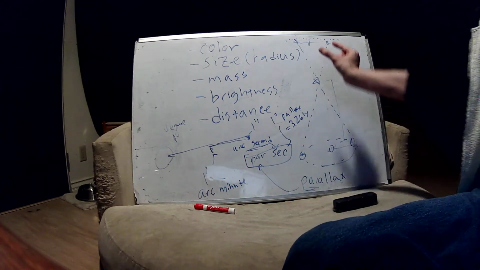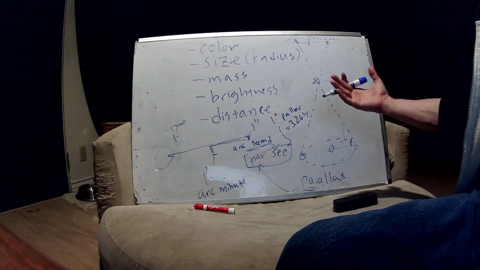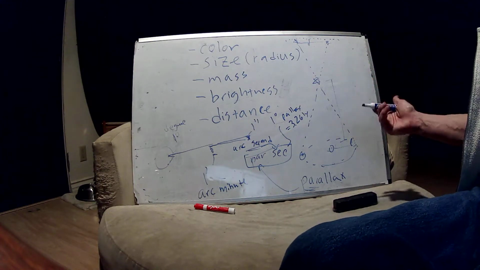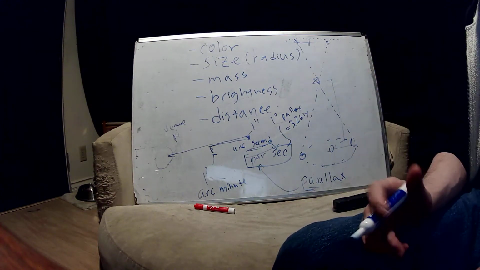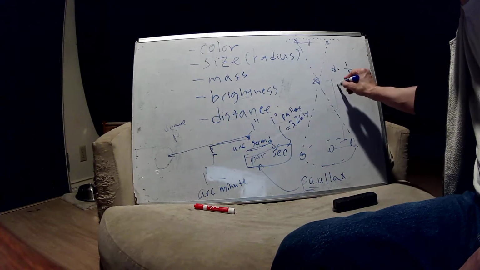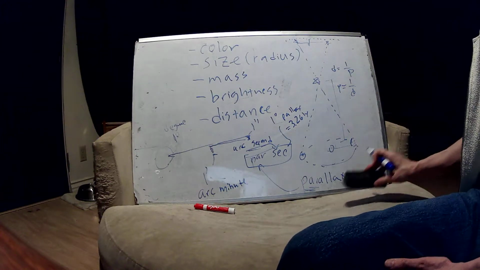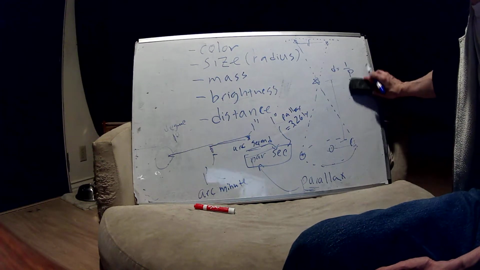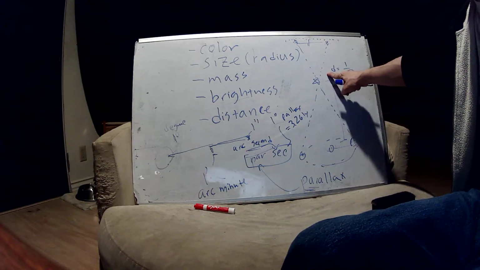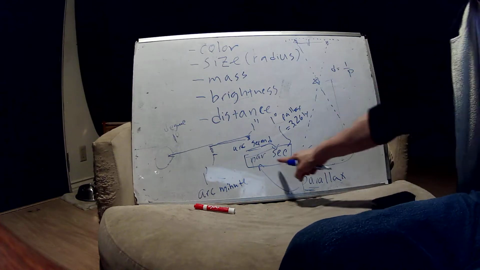Now, if an object has less than that amount of parallax, it's farther away, right? Usually we say something like distance is 1 over parallax, or parallax is 1 over distance, however you want to write it. If your distance is 1 over 1 arc second, that'll give you 1 parsec.